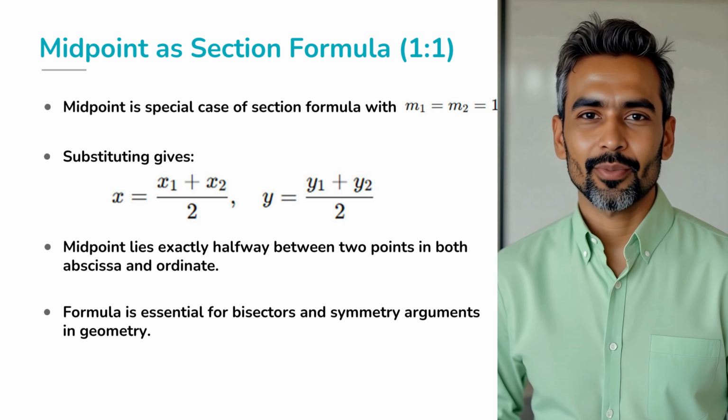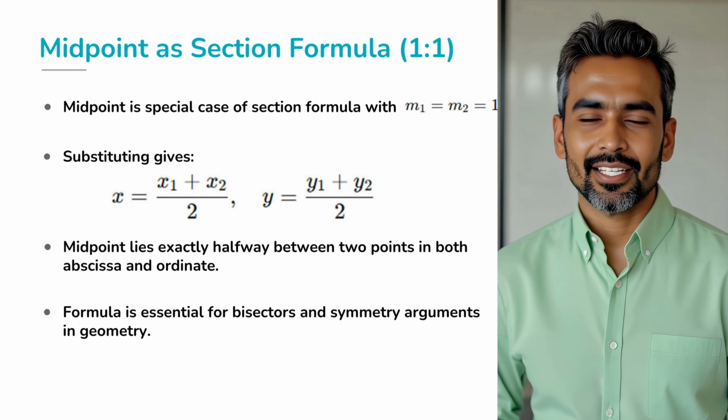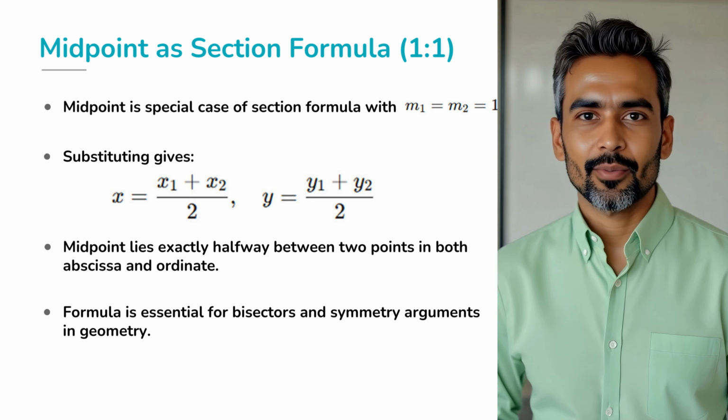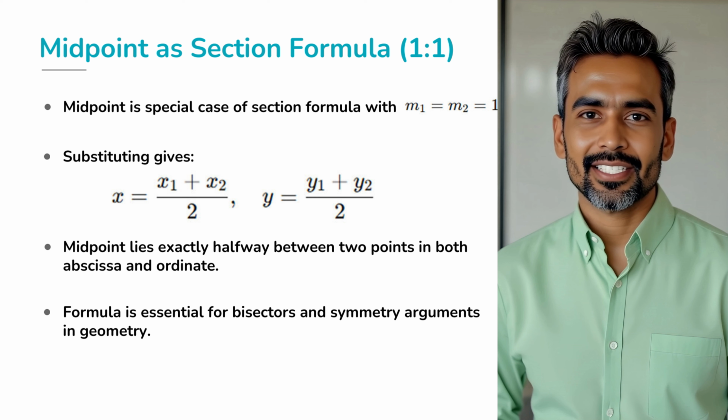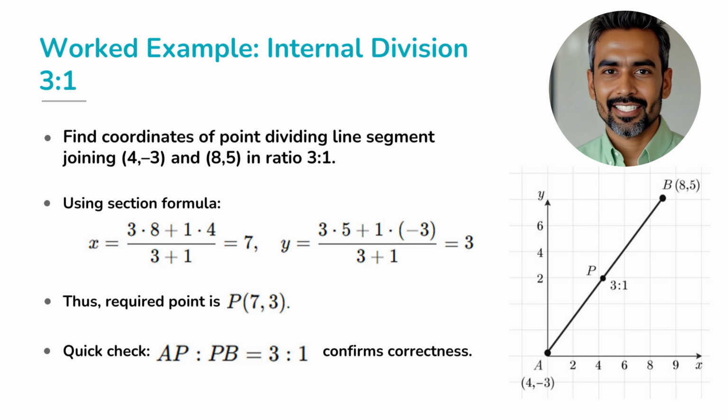This midpoint formula is simply the section formula with ratio 1:1. And believe me, it comes up everywhere, geometry proofs, computer graphics, even in GPS when your app says, "Meet halfway at this cafe."